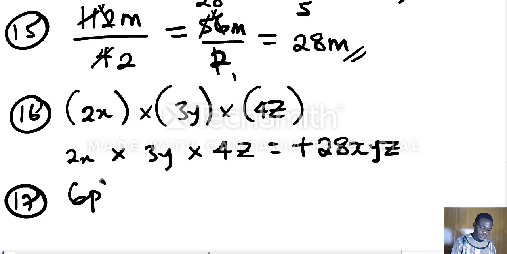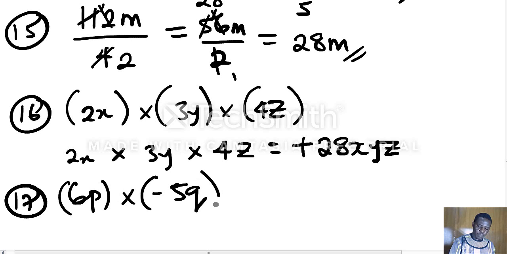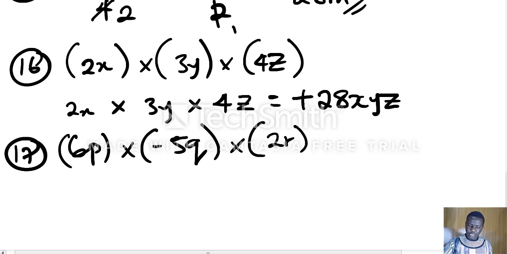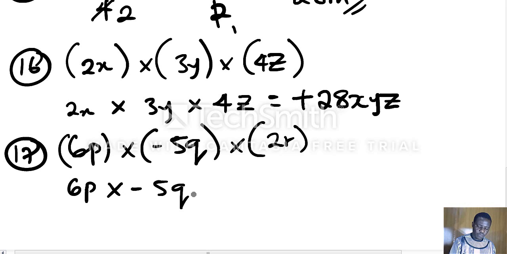Number 17 says 6p times minus 5q to be multiplied by 2r, which is the same as 6p times minus 5q times 2r. Plus times minus is minus, times plus is minus.